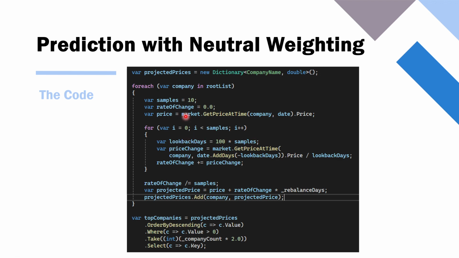What we do is we take the current price and we find the difference between the price in the past and the current price, and then we divide by the distance going backwards. We add this to an overall rate, and then we divide by the number of samples to get an average rate of change over those 10 samples, or however many you want to do. I found these two numbers to work quite effectively.